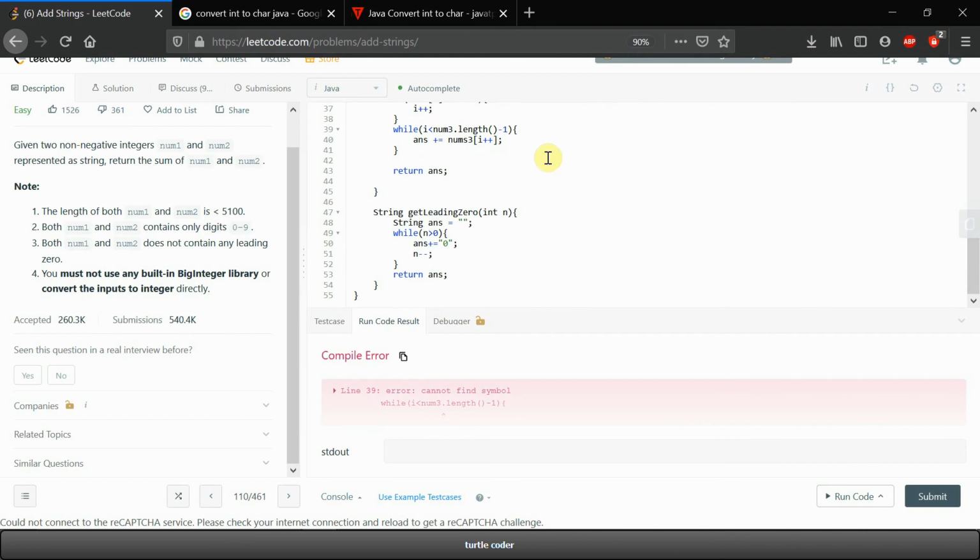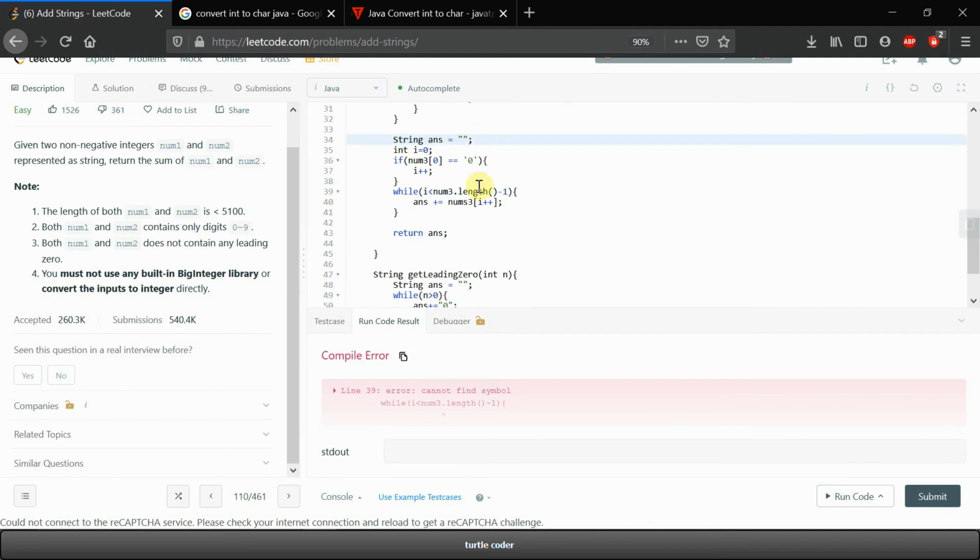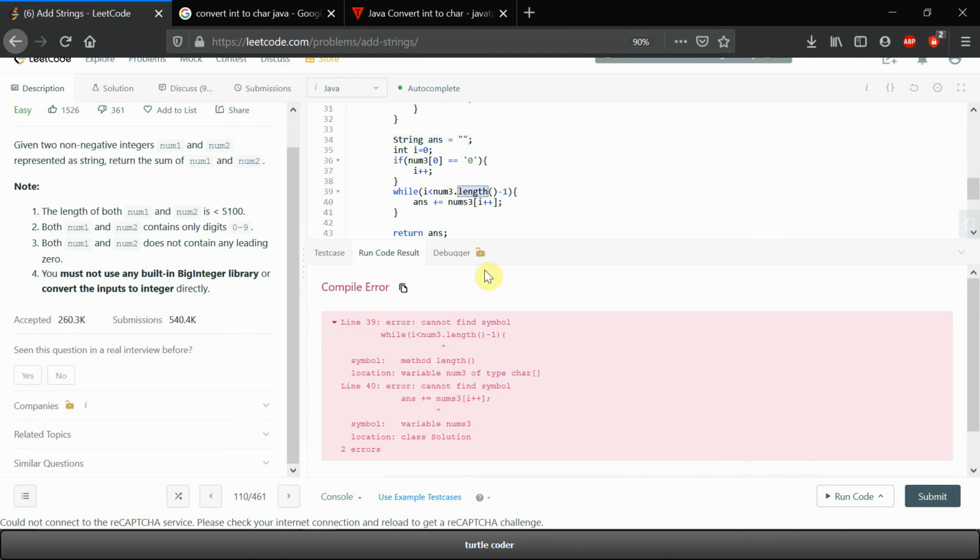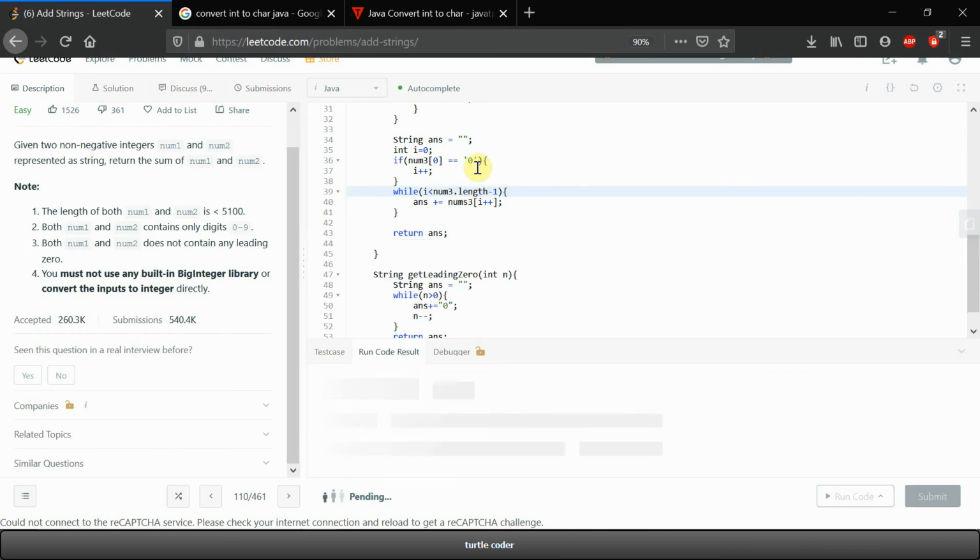What does it say? It's an answer. Cannot find symbol. num3 dot length. And num3 is a char array, so I think it should have string. num3 dot length should work.